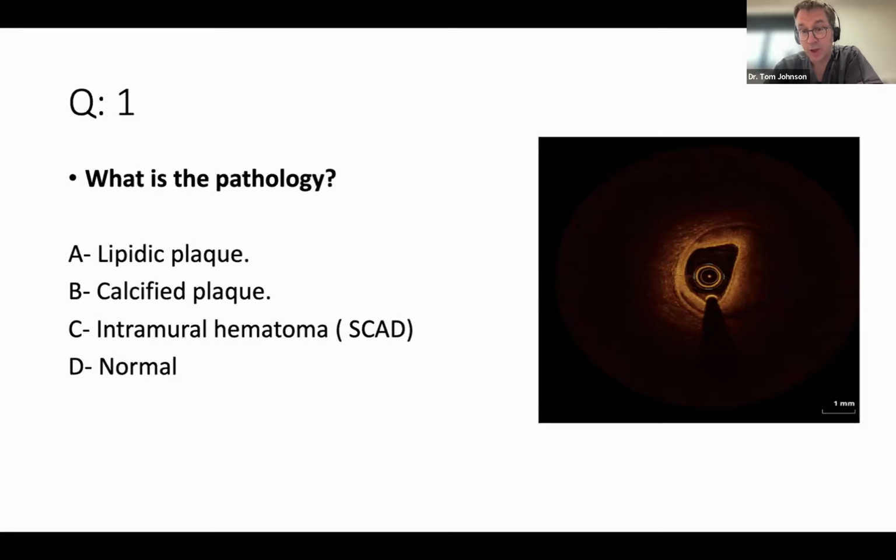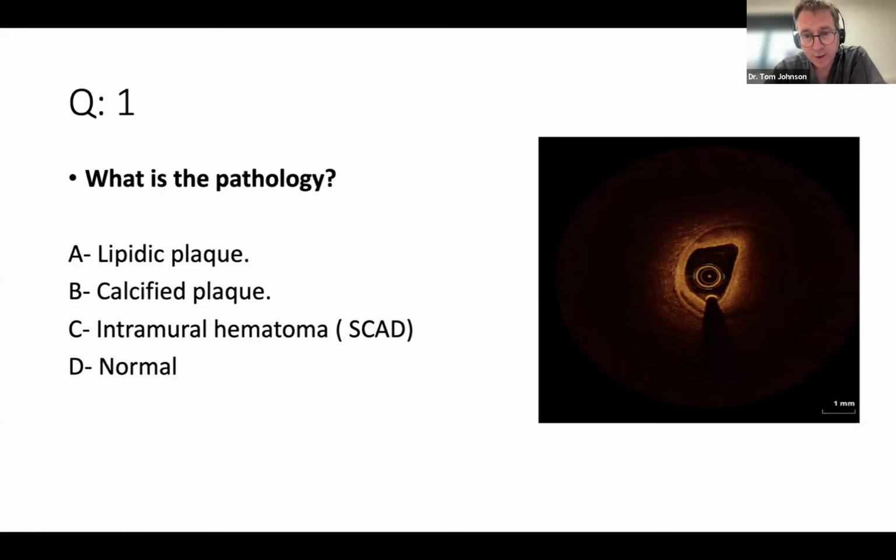The calcium, again, you can justify because you say that you have to have a clearly demarcated border, and that portion from about 6 o'clock beyond the wire artifact up to about 8 o'clock, there's a small rim which is incredibly well demarcated. And similarly, from about 11 o'clock up to 12 or 1 o'clock, you've got a fairly well delineated margin. So you can justify that answer as well.